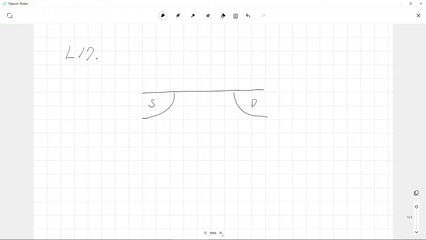The role of our source and drain region is the starting point of our electron's journey and the end point of our electron's journey, so they should act as reservoirs of electrons.